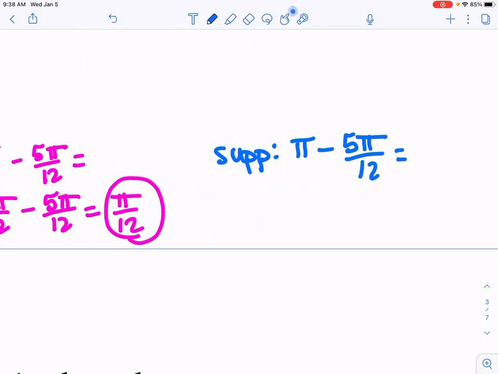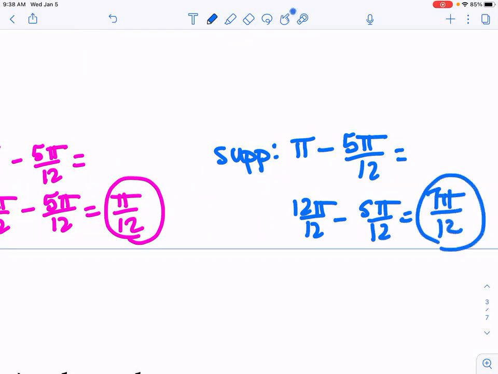You can think about it in your head. We know that this is 12 pi over 12. That one's a little easier. So 7 pi over 12 is our supplement.